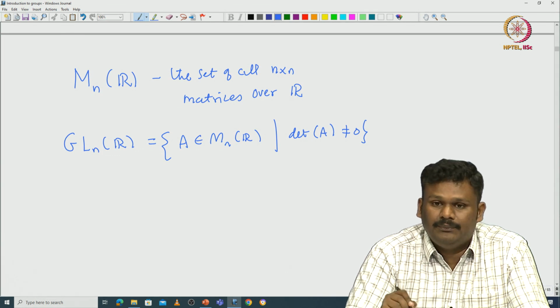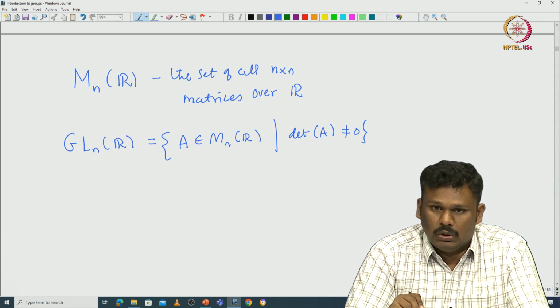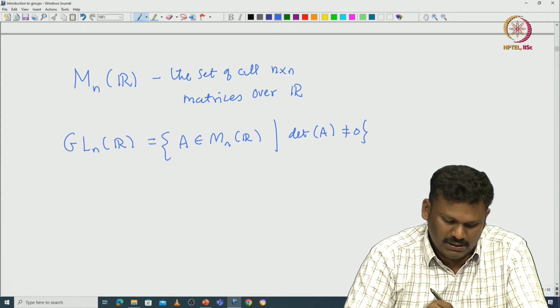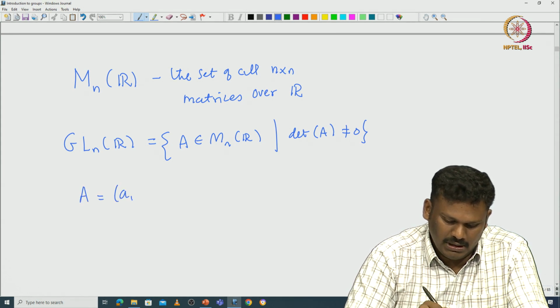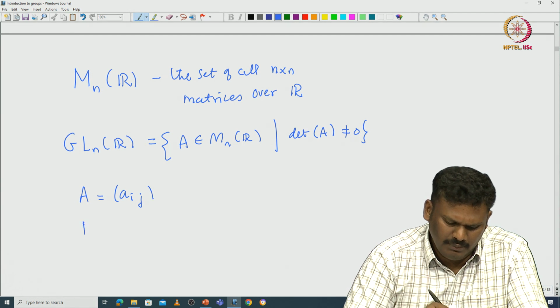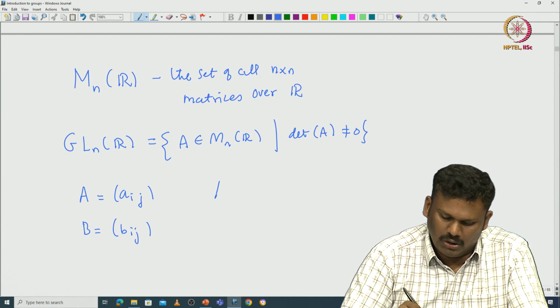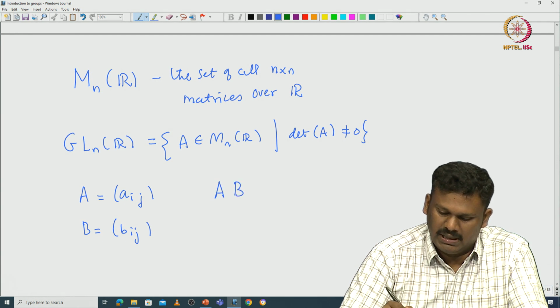Then this set is indeed a group with respect to multiplication of matrices. So you have this multiplication of two matrices. Given A and B, suppose A is given to be some a_ij and B is given to be some b_ij. Then we can talk about this multiplication AB.